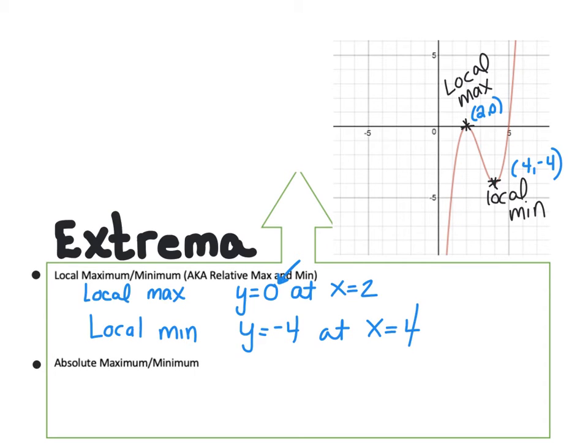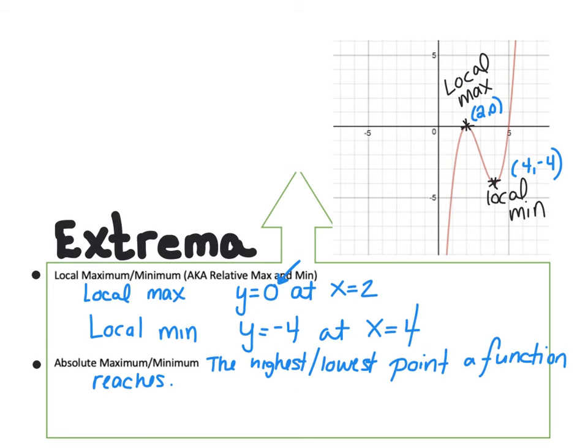Now, as far as an absolute max or min, it is the absolute highest or lowest point a function reaches. Since the end behavior of this function is going up towards positive infinity on the right and down towards negative infinity on the left, there is no absolute max or min.